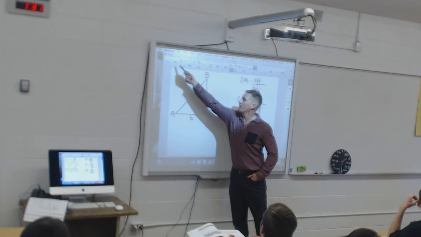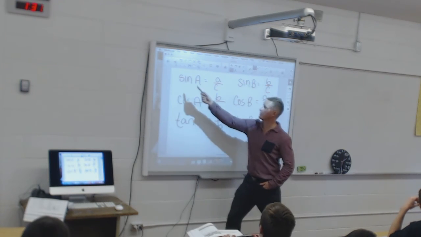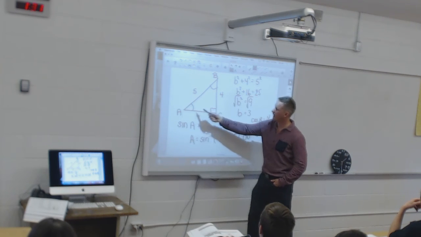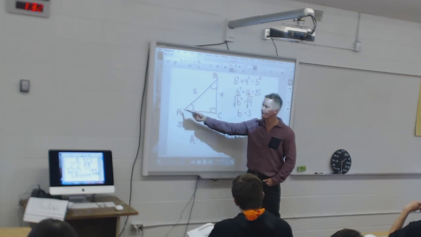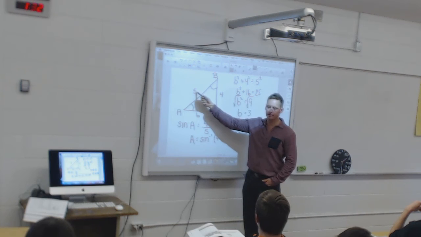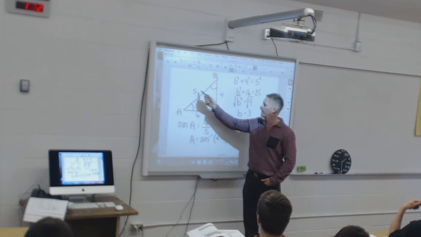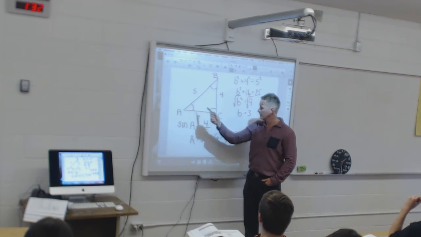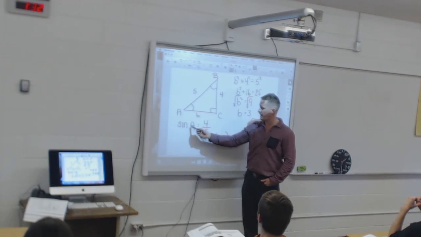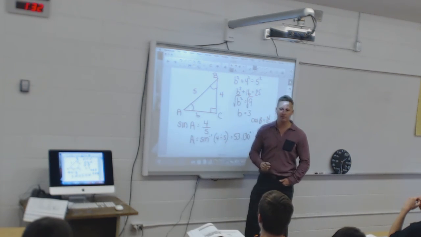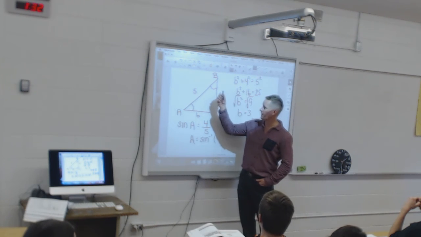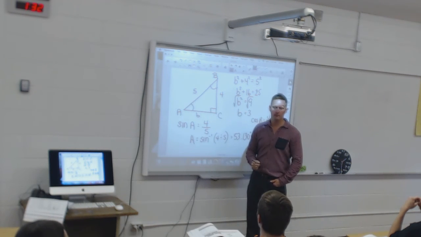So when I looked at this first question that I drew up here, I was talking about this angle. I gave you this side and this side. That's the side across from it, which is opposite, and that's the hypotenuse. So I write sine of angle A is equal to 4 divided by 5. That's the ratio of the opposite to the hypotenuse.